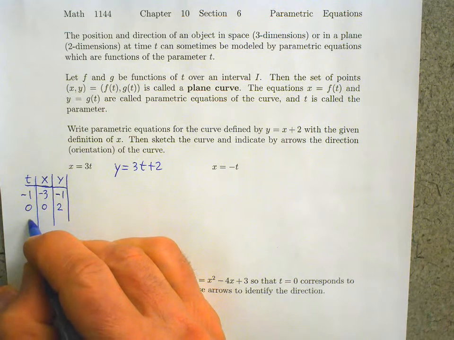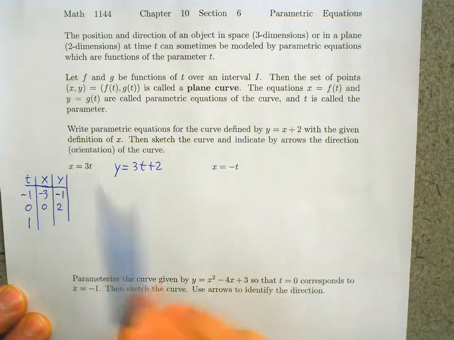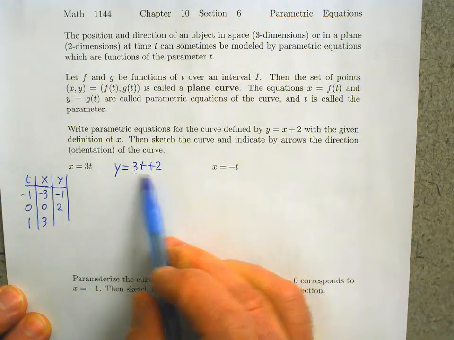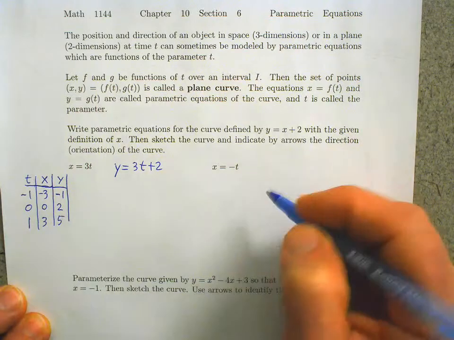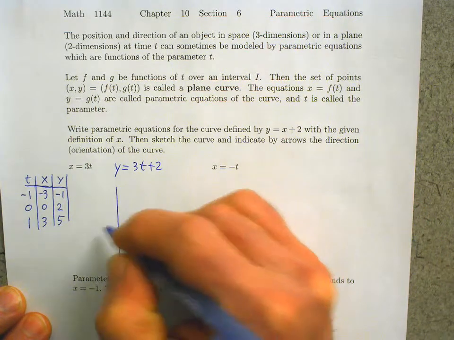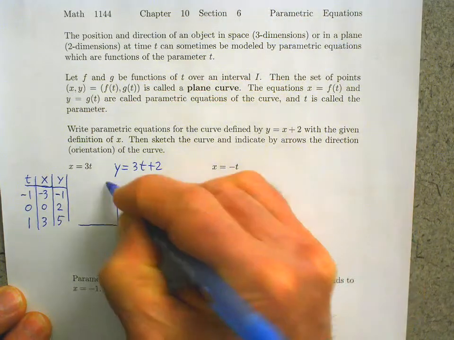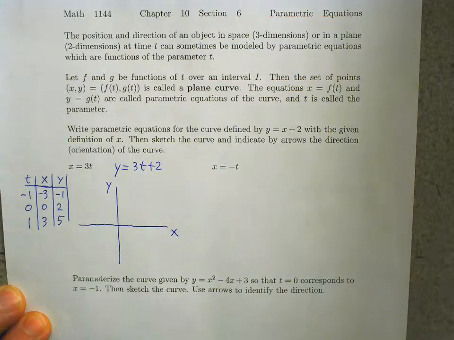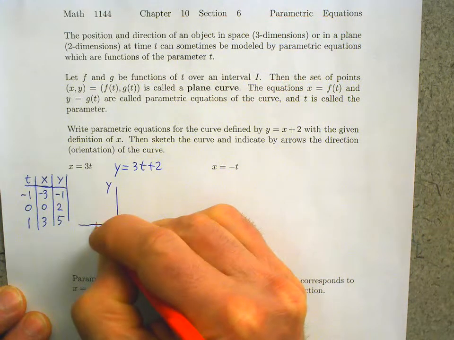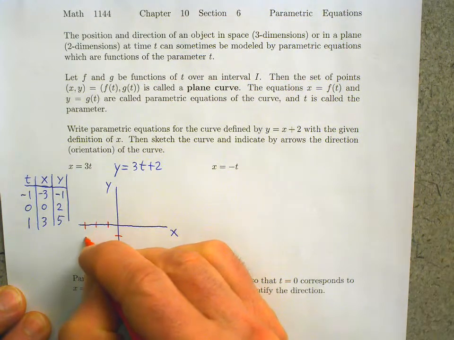And then let's pick t to be 1. The x coordinate is 3 times 1 or 3. And the y coordinate, 3 times 1 plus 2, is 5. Okay, so we'll plot those points in the xy plane. We're going to plot the x and y coordinates. So when x is -3, the y coordinate is -1.